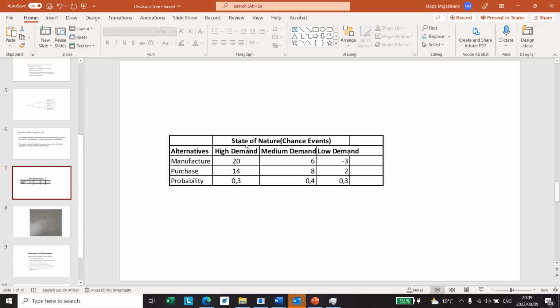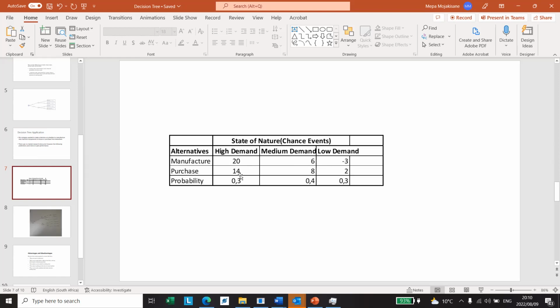They either happen or they may not. If demand is high, we possibly make a revenue of 20 million. If the demand is medium, we will get 6 million. If the demand is low, we lose 3 million.